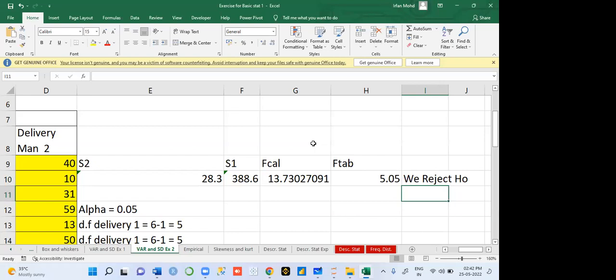5%. Okay. Degrees of freedom: n1 minus 1. How many is n1? 6. Write 6 minus 1. Same way, degrees of freedom n2 minus 1. Any question?